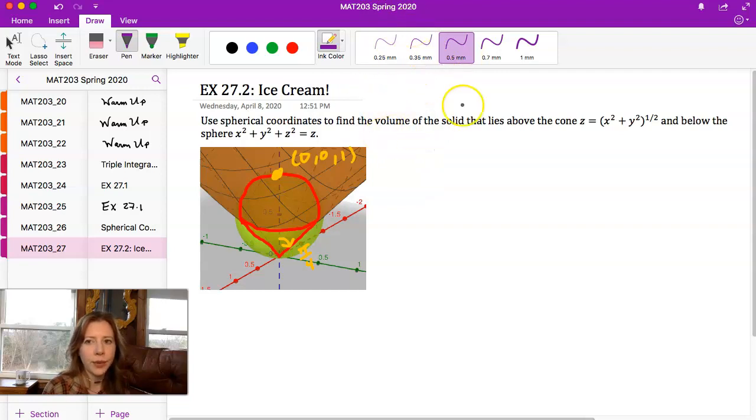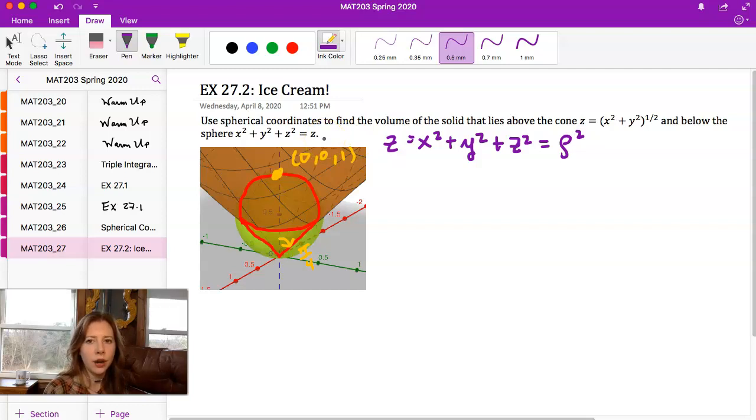Things we notice: z equals x squared plus y squared plus z squared. And x squared plus y squared plus z squared is our definition of rho squared, so rho squared equals z.